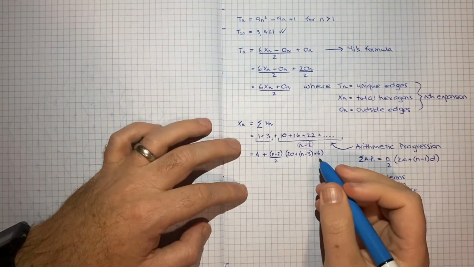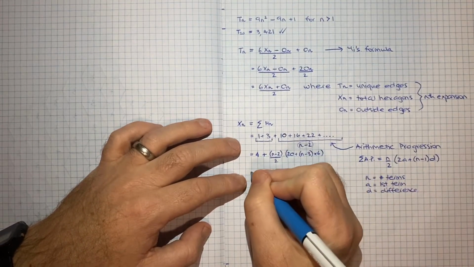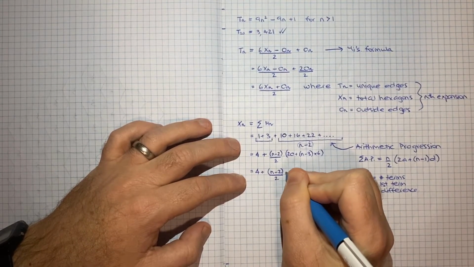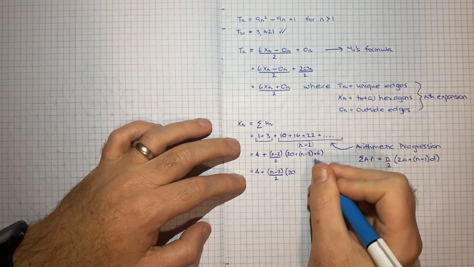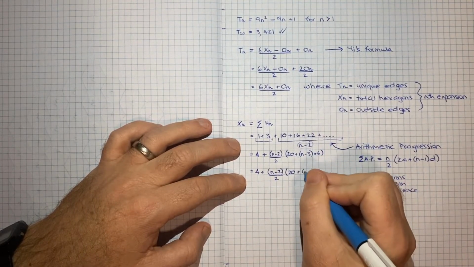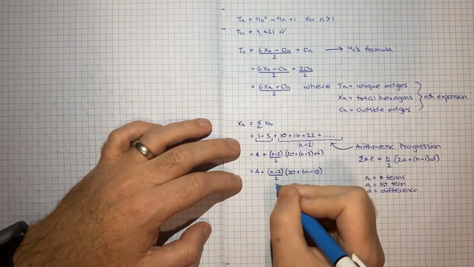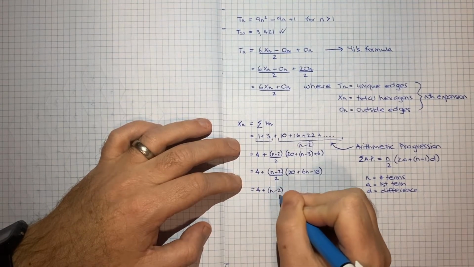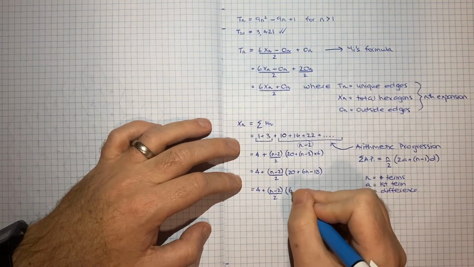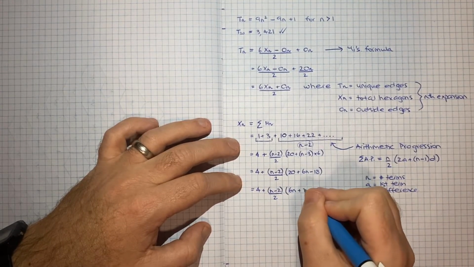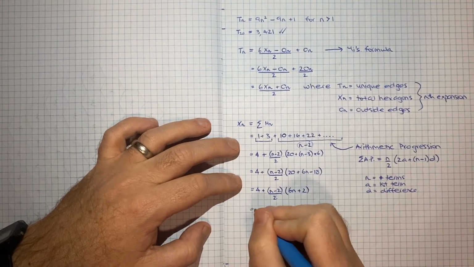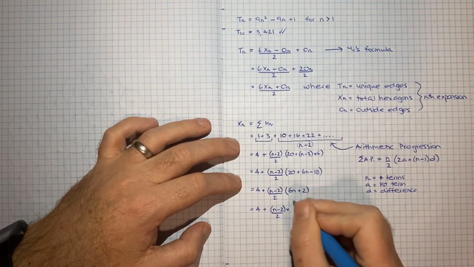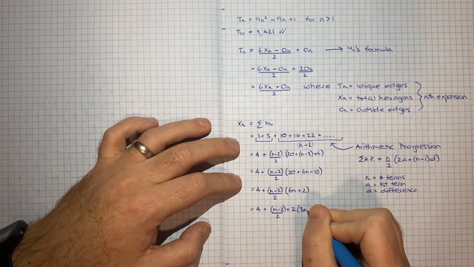So now we can think about simplifying that. That will be 4 plus n minus 2 on 2 times 20 plus, I'll just expand this, 6n minus 18. So that will be 4 plus n minus 2 on 2 times 6n, 20 minus 18 is 2, so plus 2. And to help simplify, I'll factor out a 2 here, so it's times 2 bracket 3n plus 1.